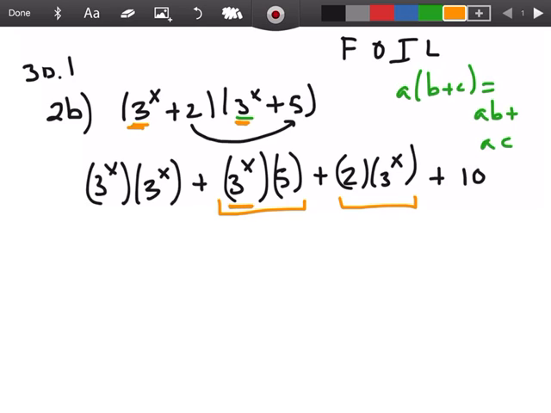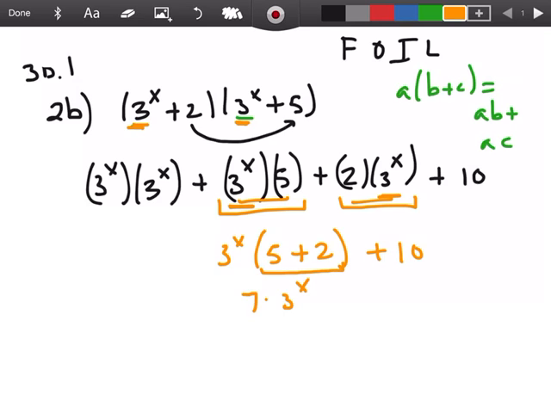See that? Because I have one here and one here. So I'm going to factor that out, and I'm going to have 5 plus 2. Because I can take the 3 to the x out of the 5, and I can take it out of the 2. That's tricky. You might not see that at first. If you're looking at the answer, and you're like, how the heck did they get 7 times 3 to the x? There it is.